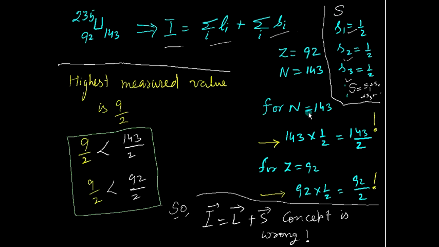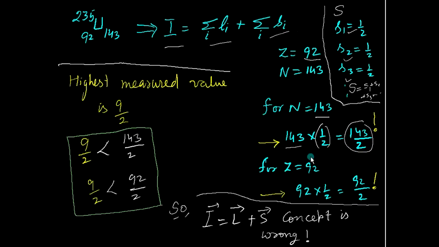So here N is equal to 143 and Z is equal to 92. For the neutron number of 143, for each nucleon the value of spin angular momentum is 1/2. So when you add the value for 143 nucleons, it will be 143/2.